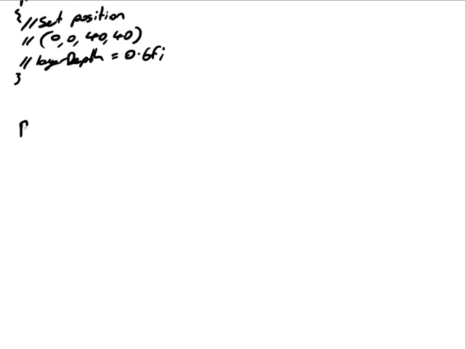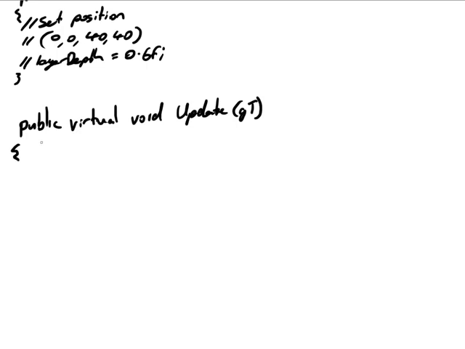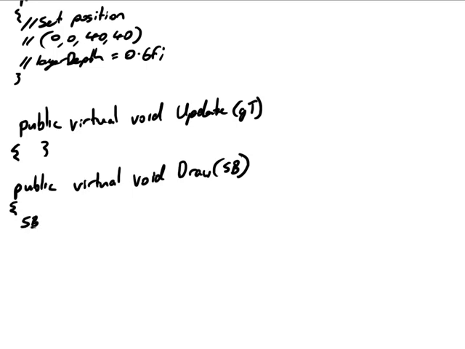Let's put public virtual void update, game time, which is going to do nothing for now, and public virtual void draw, taking in sprite batch that uses layer depths, and we'll just say this: sprite batch dot draw it.